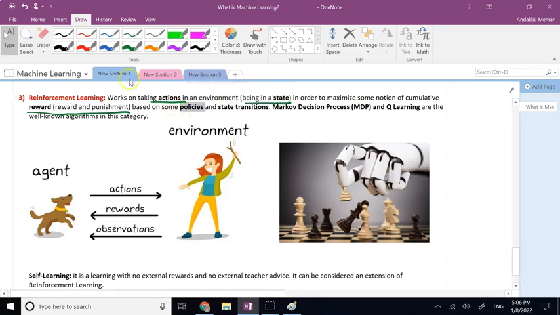Good? So you keep updating yourself and updating your policies and how to take actions based on whether you got a reward or a punishment. And this is, by the way, how many of the computers these days are learning how to play many of these games with us.